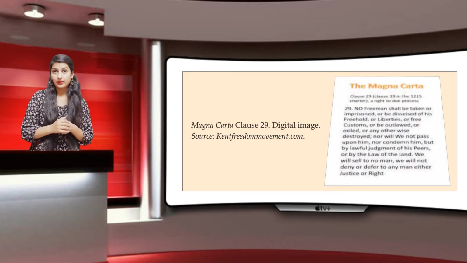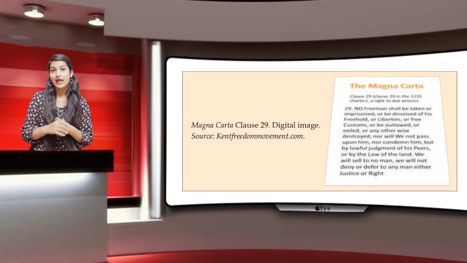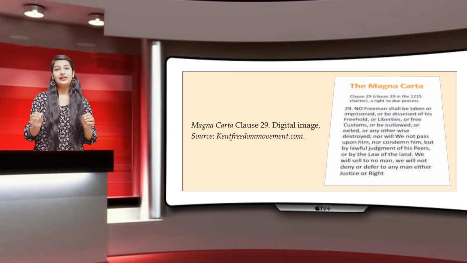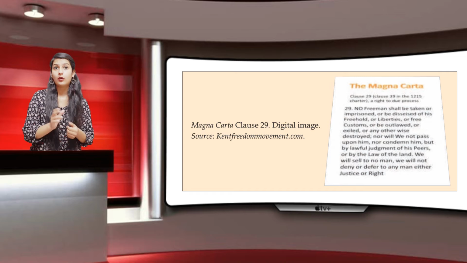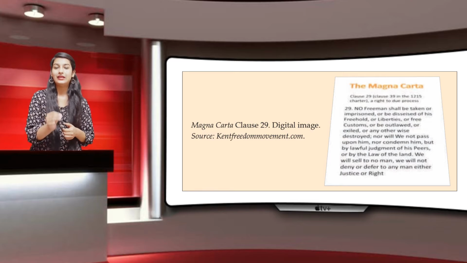The Magna Carta included clauses in the form of rights language. It granted the barons the right to legal trial and prevented their arrest or imprisonment or outlawing or abuse or denial of ownership of property without legal trial.